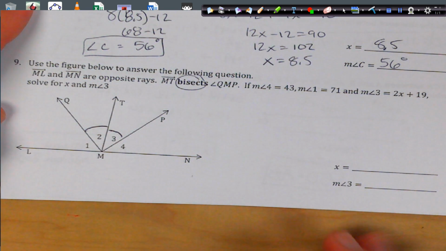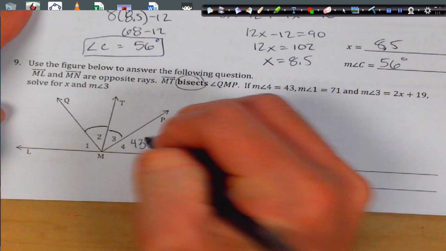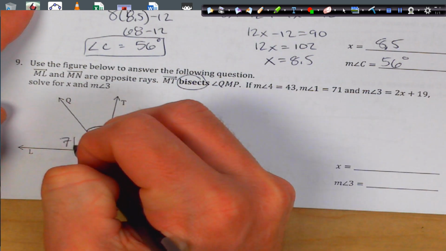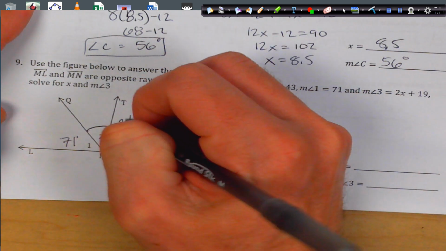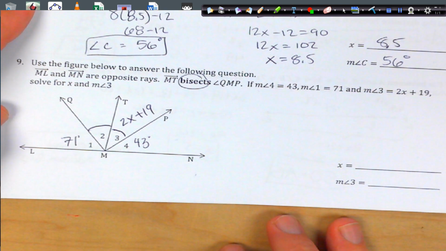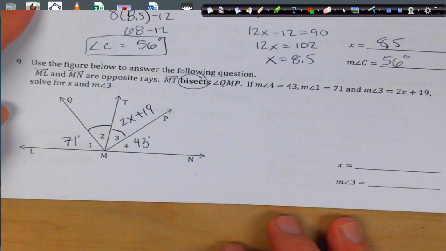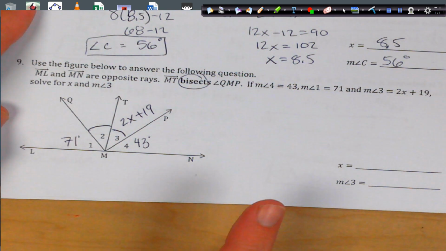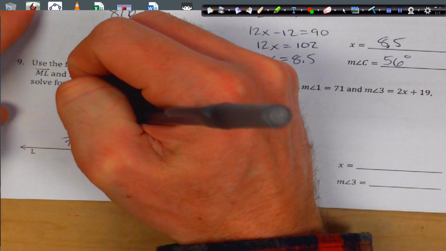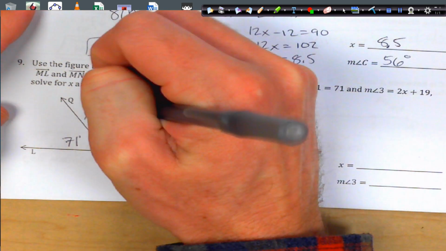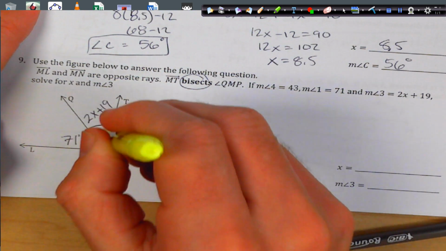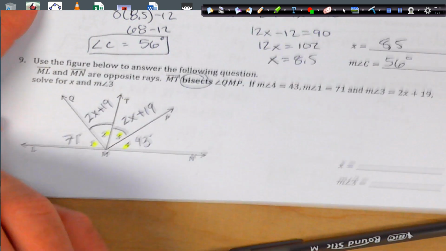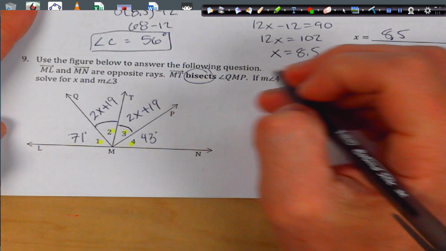If angle 4 is 43 degrees, and angle 1 is 71 degrees, angle 3 is 2x plus 19. Solve for x. Well, all of these add to 180. And I know angle 2 is the same as angle 3, so I can just write it again. So I could technically add up 4 angles and set it equal to 180. And that's what I'm going to do.